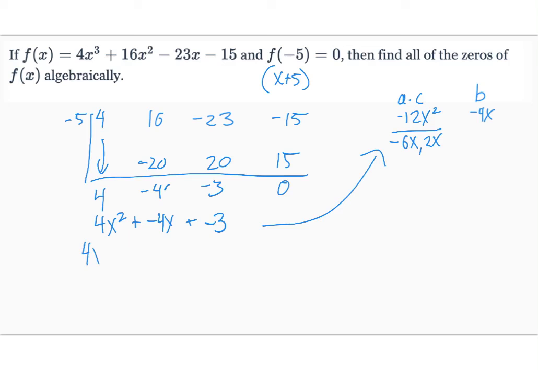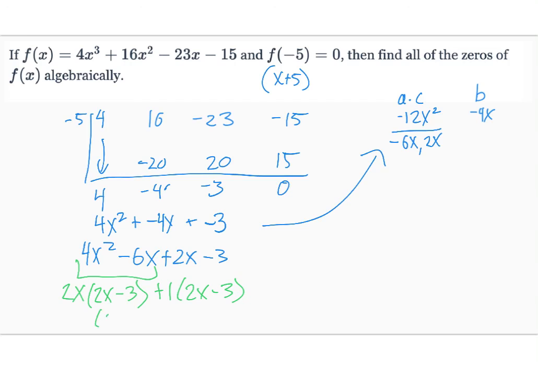So we've got 4x squared minus 6x plus 2x minus 3. Factoring a 2x out of those two, that's as big as I can take out. We're left with 2x minus 3. And then I'm going to factor a 1 out of those two, and I get 2x minus 3. That leaves me with 2x minus 3 and 2x plus 1.